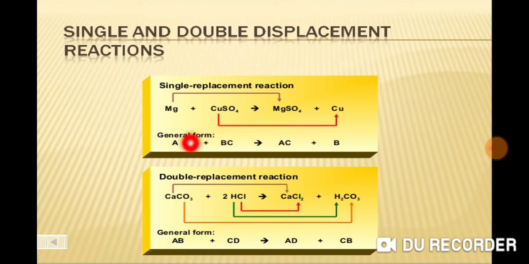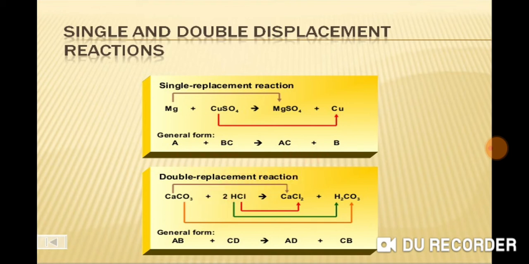For a better understanding, this is magnesium and this is copper sulfate. What happens is, when heated, magnesium is joined with sulfate, that forms MgSO4, and copper is left intact, and this is the general formula.